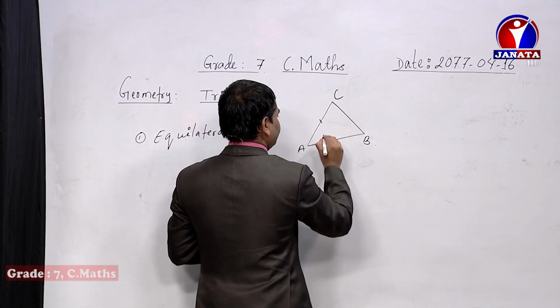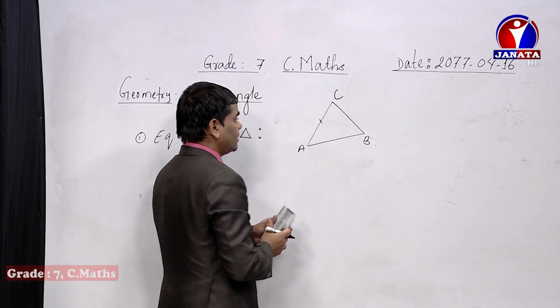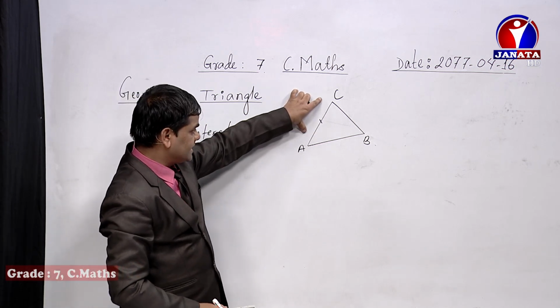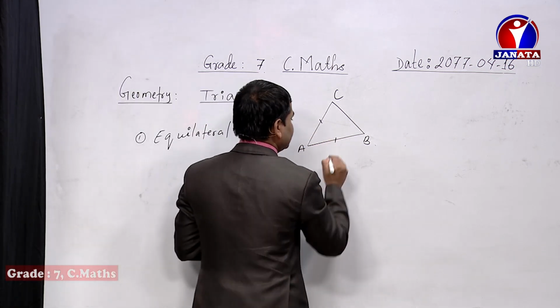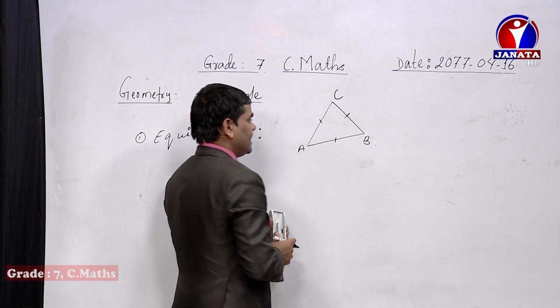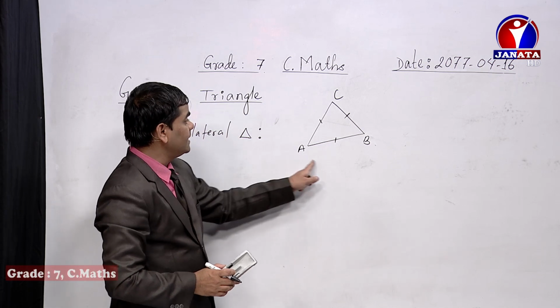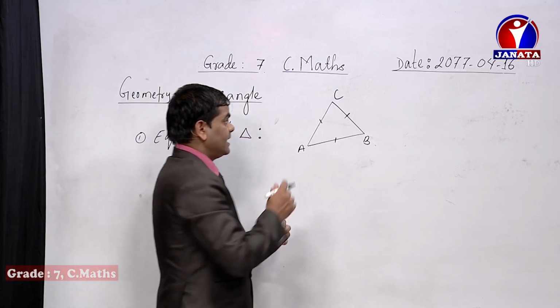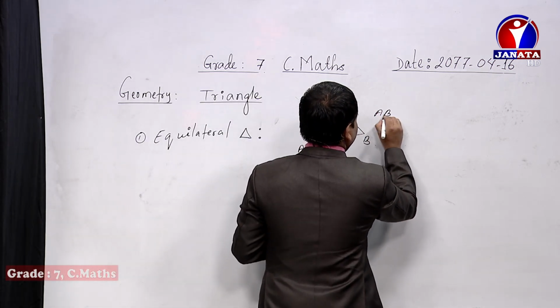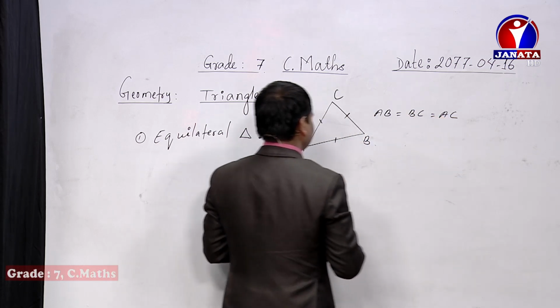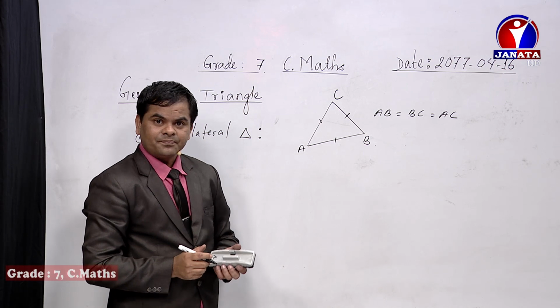If we use the scale to measure side AC as well as AB side as well as BC side, and if the lengths of AB, BC and AC are equal, it means AB equals BC equals AC.